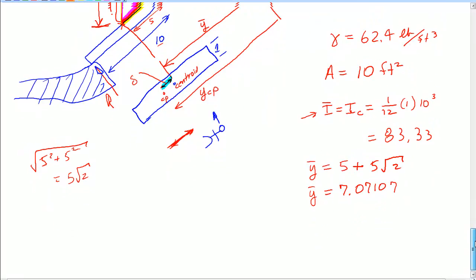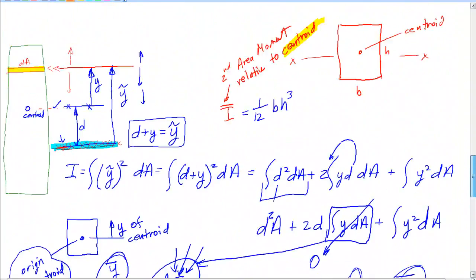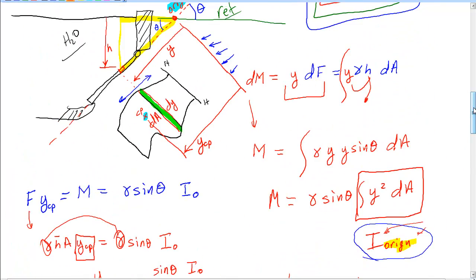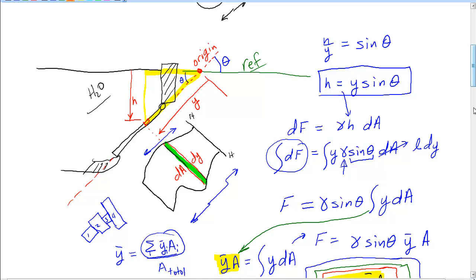Now, depends on how you want to find the other one. One way is just to use the equation, which was way back up here. You could use this equation. We'll lasso it and copy it down there.